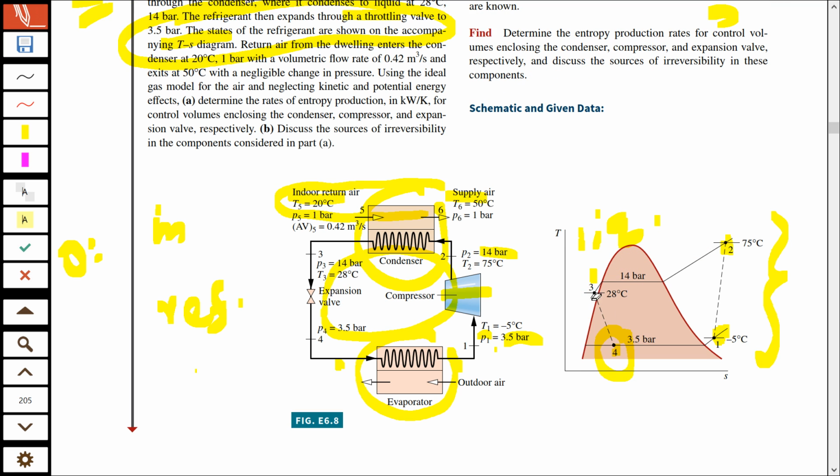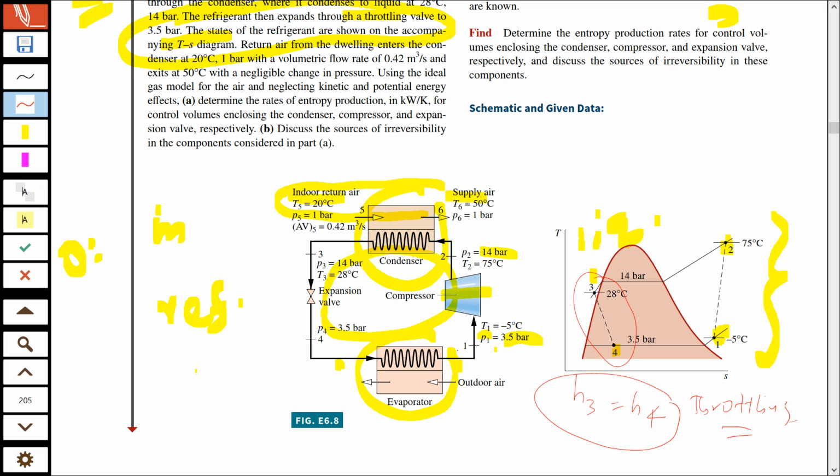I think this is throttling from 3 to 4. This expansion from 3 to 4 is the throttling. So you just say H3 must equal H4, because we know that for throttling.